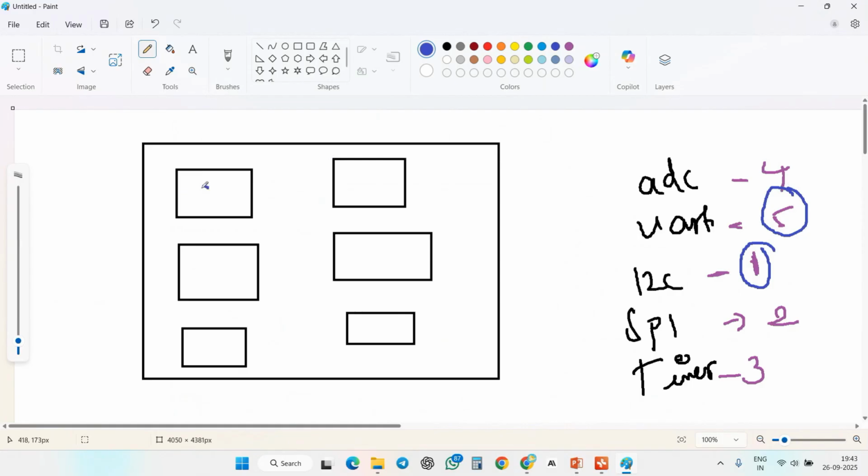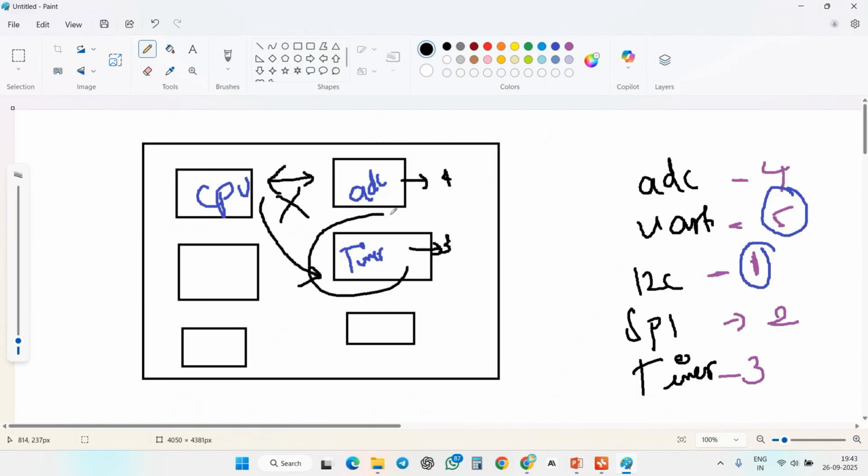Say your CPU is processing the ADC, and suddenly the timer comes. The priority number of the ADC is 4, but the timer is 3. So even though it is working on the ADC, it halts that work and moves to the timer, because it has the higher priority. This is called task switching.